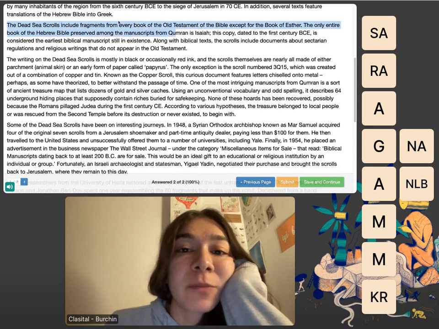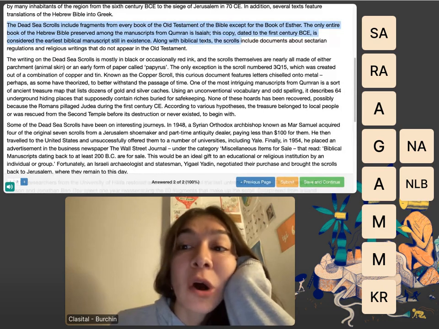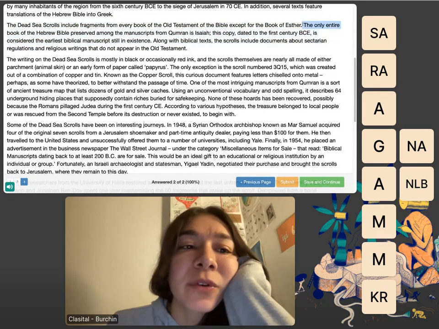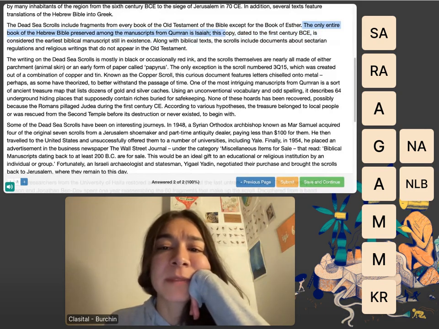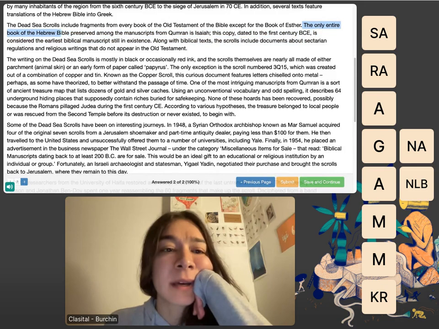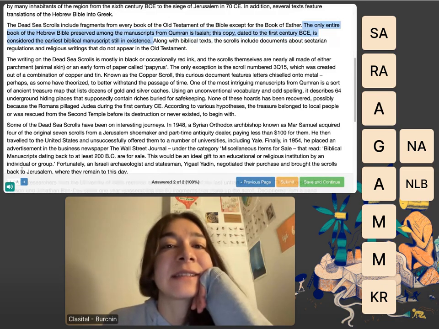Include fragments from every book of the Old Testament of the Bible except... The only entire book of the Hebrew Bible preserved among the manuscripts from Qumran is something. This copy dated... Earliest biblical manuscript still in existence.